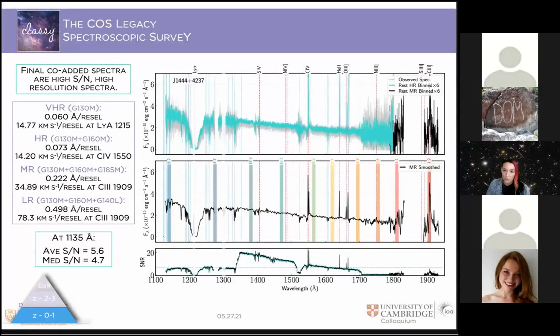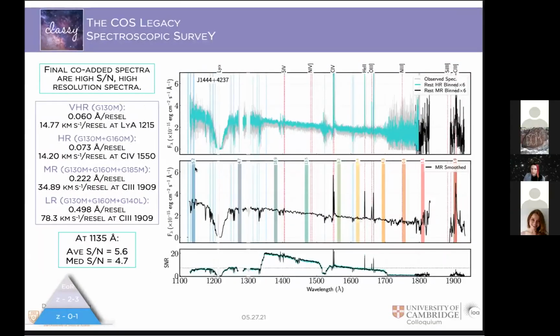Our goal was to have signal to noise of 5 on average in the continuum for most of the spectrum. On the very red end, where we only really care about the carbon 3 emission line, we didn't really care to have an important continuum over there, but for all the other parts, we wanted to be able to do the stellar absorption and emission. And we're going to put out a lot of different resolution spectra.